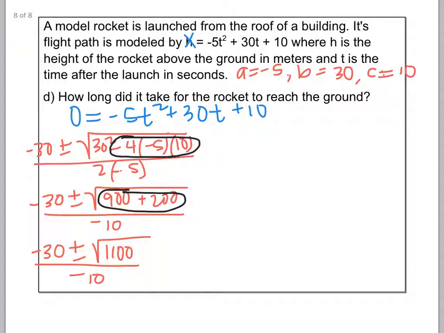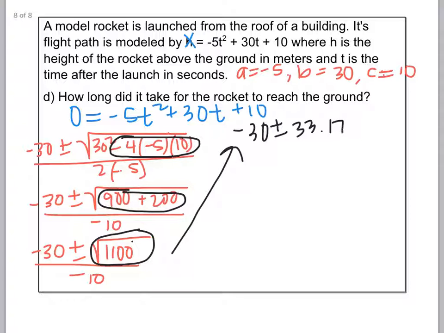So I did mention earlier in the video that if you get to this point where this square root doesn't give you a whole number, you can stop if it's not a word problem, but this is, so we want to get our actual solutions. So I'm going to keep going. So I have negative 30 plus or minus the square root of 1100, which was 33.17, I rounded, and that's over negative 10. So now from this point, I can split it. Sorry, I'm running out of room here.